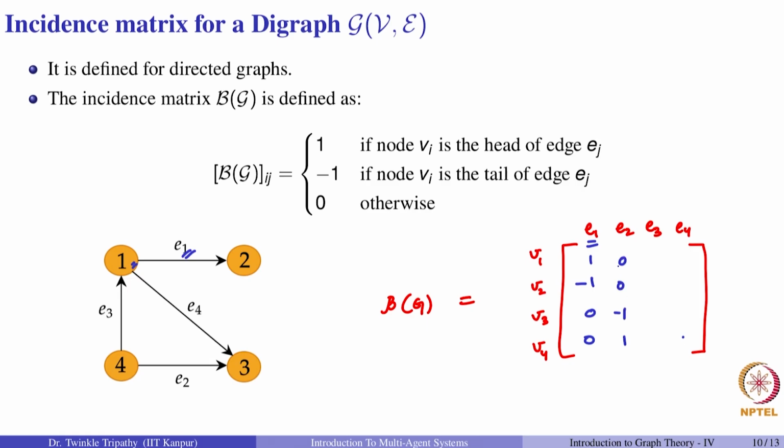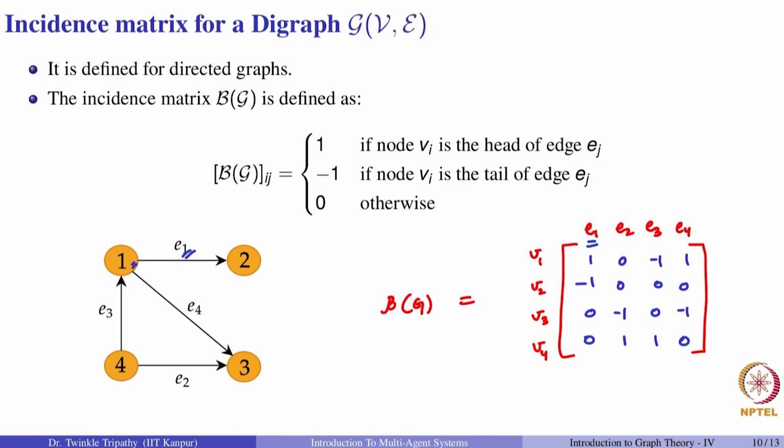So, this is what it looks like, and similarly E3 can be written in this manner, and E4 starts at 1 and ends at 3. So, this is how we can construct the incidence matrix associated with a digraph.